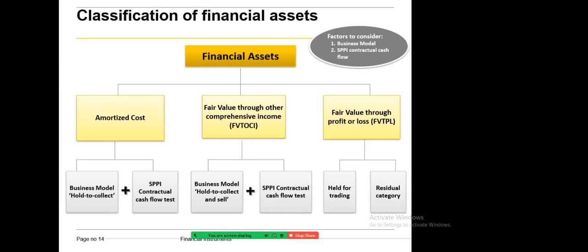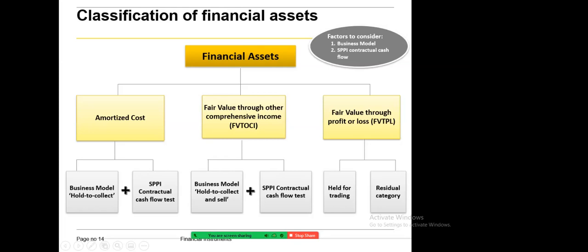Now let us understand more in detail about these three classifications of financial assets. As I mentioned earlier, financial assets get classified into amortized cost, fair value through OCI, and your FVTPL. How will we assess whether any particular financial asset will be classified under amortized cost or FVOCI or FVTPL? For this, we have certain criteria to fulfill.